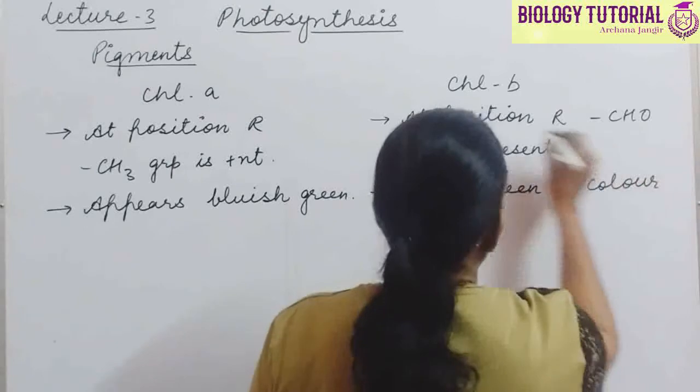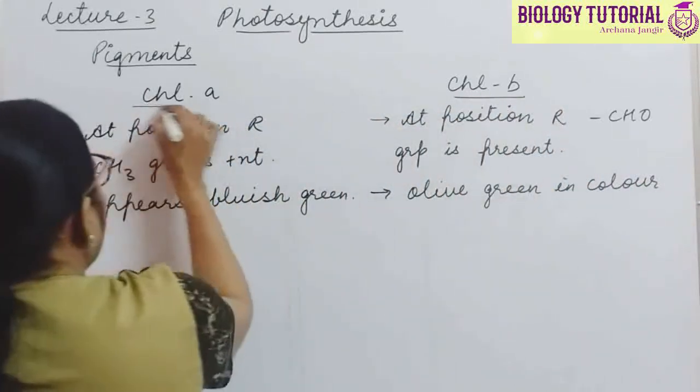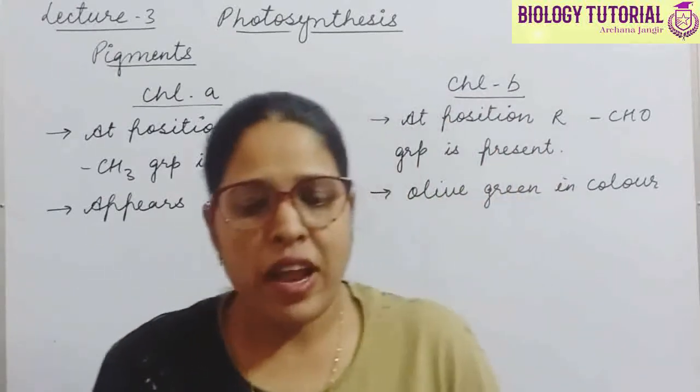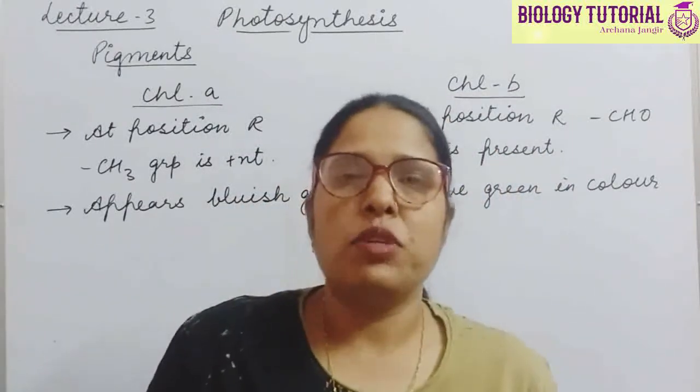The color of chlorophyll A and chlorophyll B also looks different in reflected light and in transmitted light.